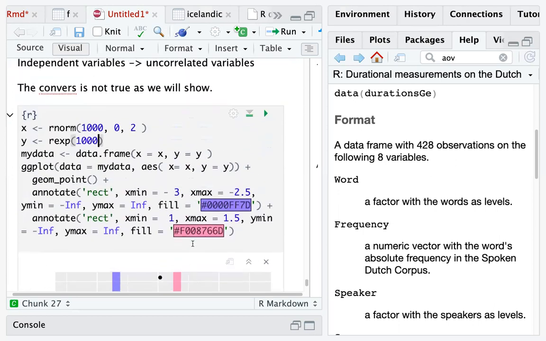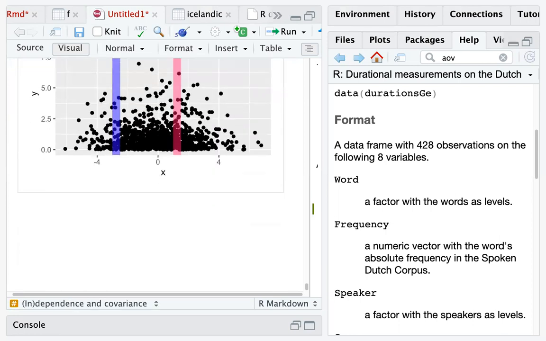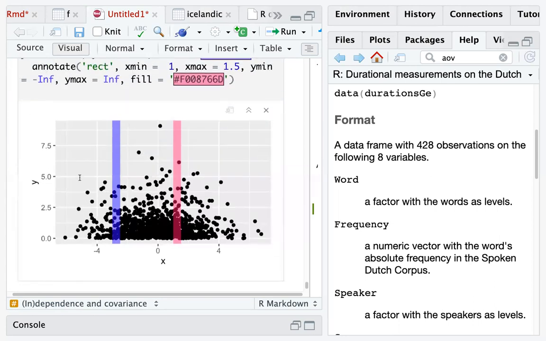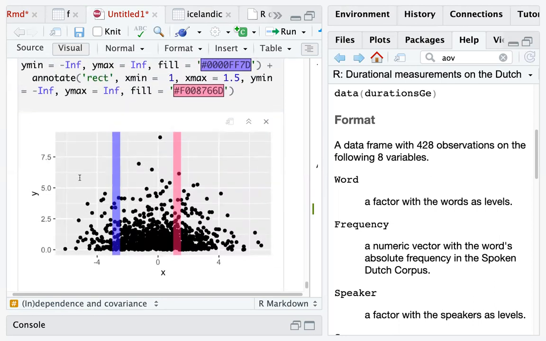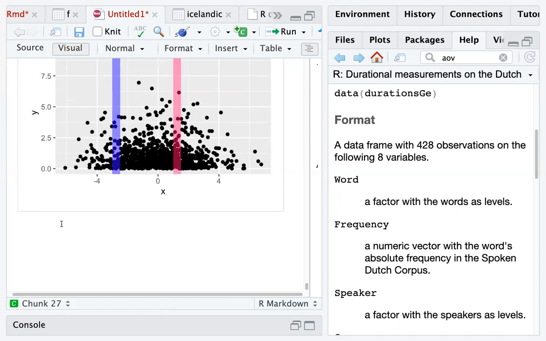Now, what happens if we put some data which is correlated? If we put some data which is correlated, we expect to see different y components in each strip. So let me simply do the same plot with another kind of data, with correlated data.